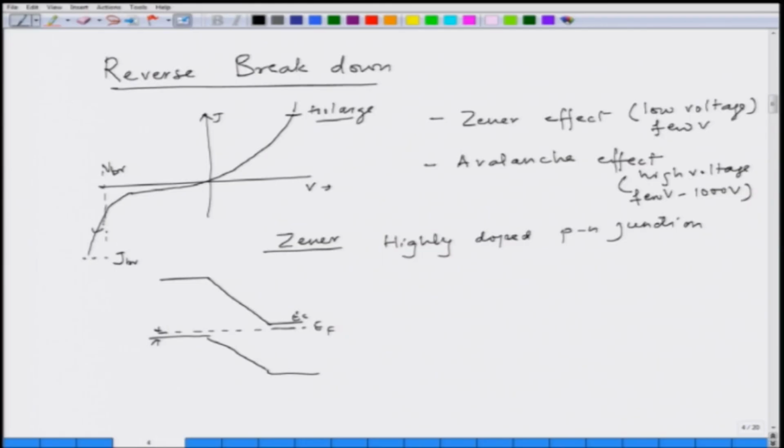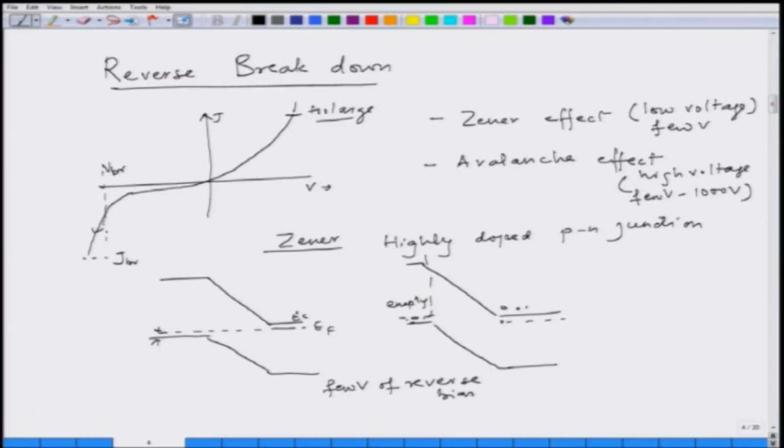So, this is a highly doped PN junction. Now, if it is under even a small amount of reverse bias, so even a few volts of reverse bias, the barrier will increase, and effectively what one finds is that the electrons here are finding empty states over here.